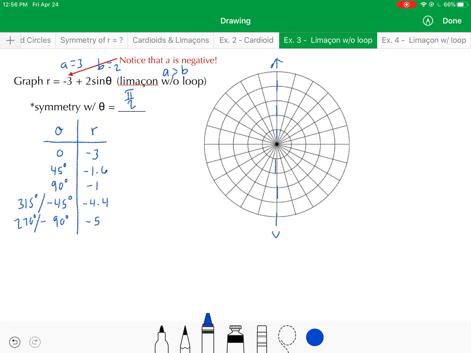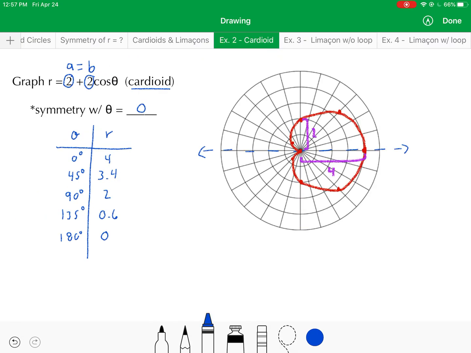So notice every single angle measure that I chose here for theta, it's on the right side of my line of symmetry. Similarly, if you went back to this previous example, you notice all the angle measures that I chose for theta here, they were all above my line of symmetry. I don't need to pick values where some are on one half of the line of symmetry and others are on the other half.